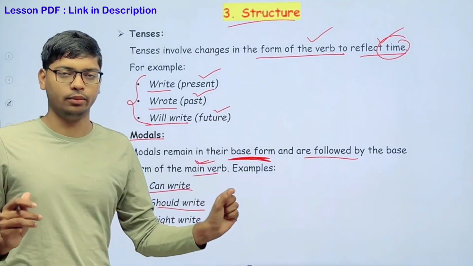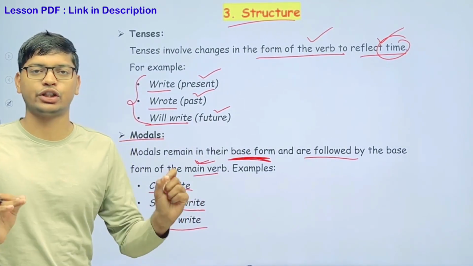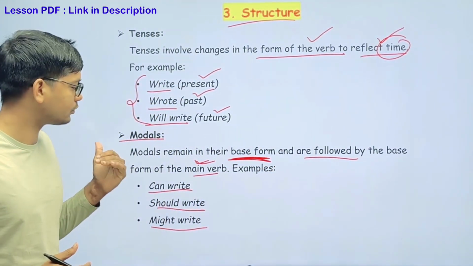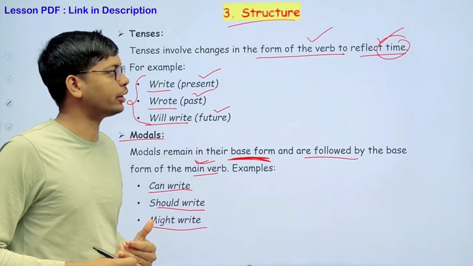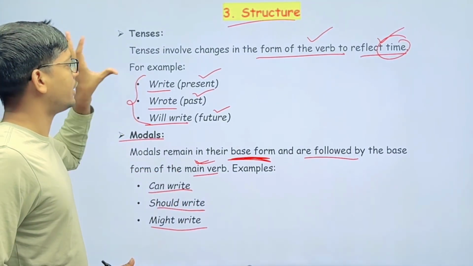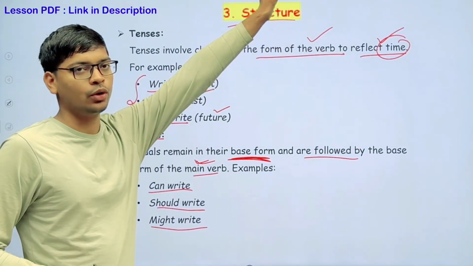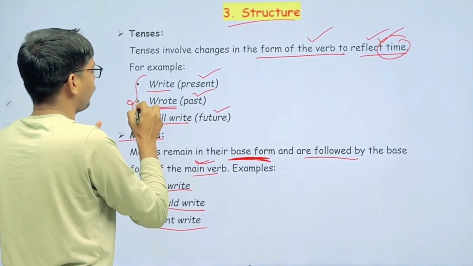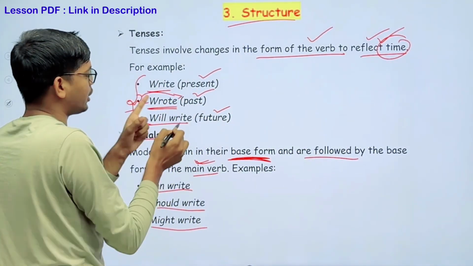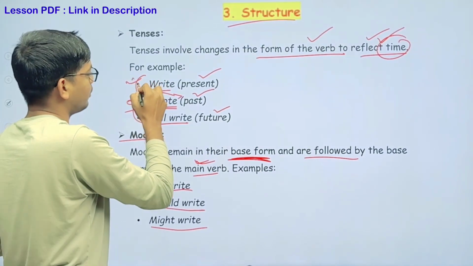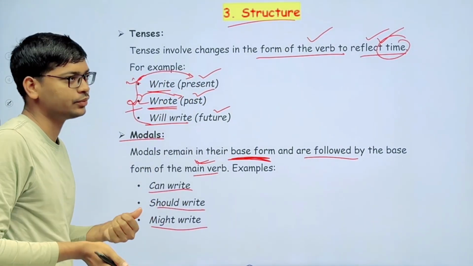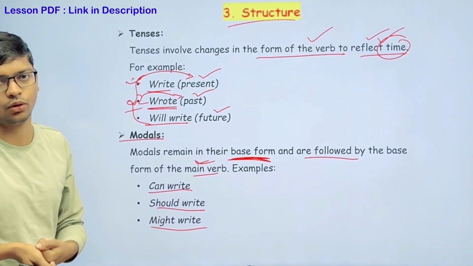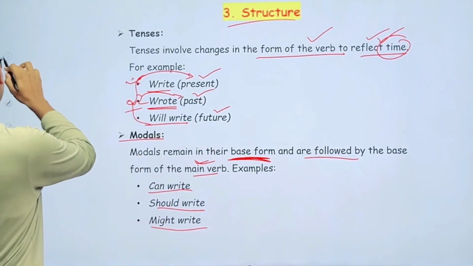Modals always take the first form of the verb. Tenses change the form of the verb to reflect time. Here, wrote, the second form of the verb, shows past time, and the first form of the verb shows present time. So you can easily understand this; this is our structure related difference. Let's move on to the next point.